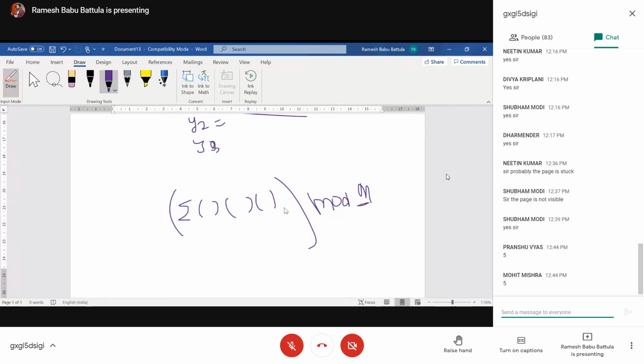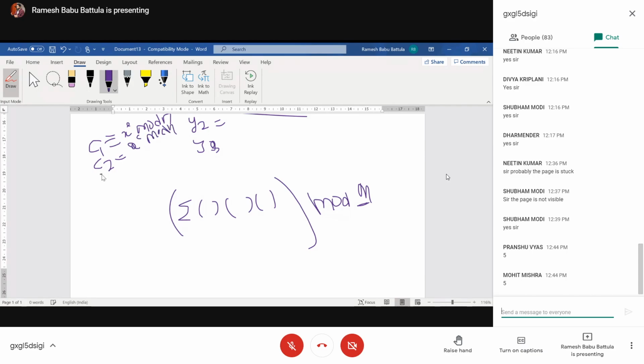I will give a small example of where exactly we are using this Chinese remainder theorem. Suppose C1 is congruent to some x to the power e mod n. Again, my C2 is also equal to some x to the power e mod n.